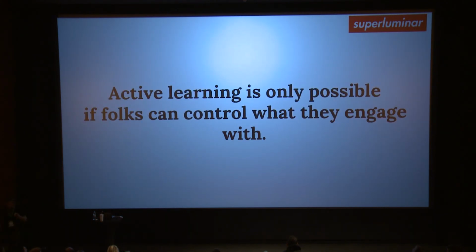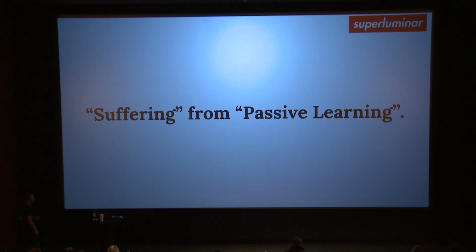So if we want people to do active learning, then they have to have an environment where they control how to learn. Otherwise they will suffer from passive learning if you just push them to whatever workshops.